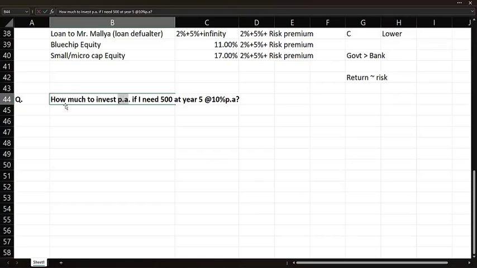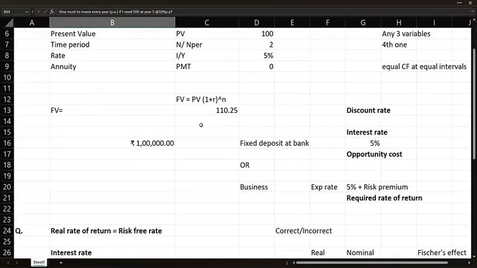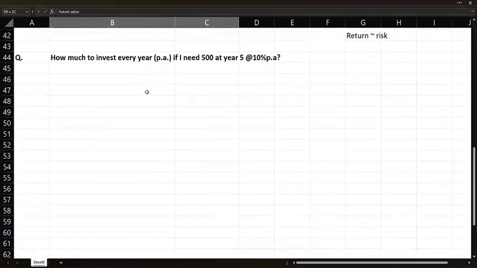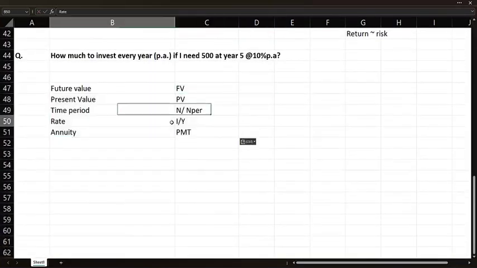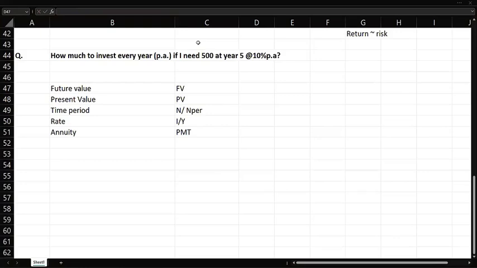Investing per annum means you are investing every year. So now you tell me, what are you computing out of these 5 variables?